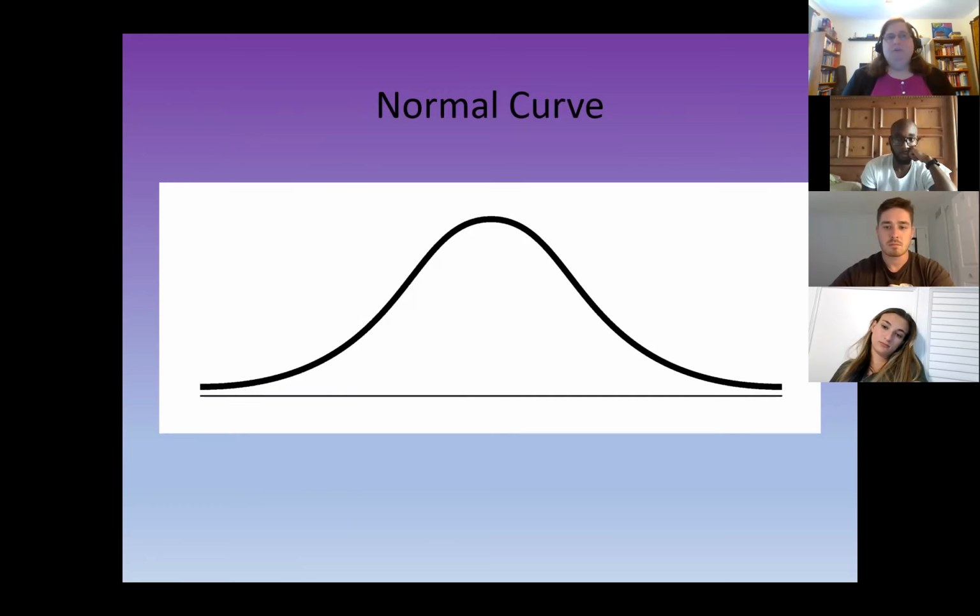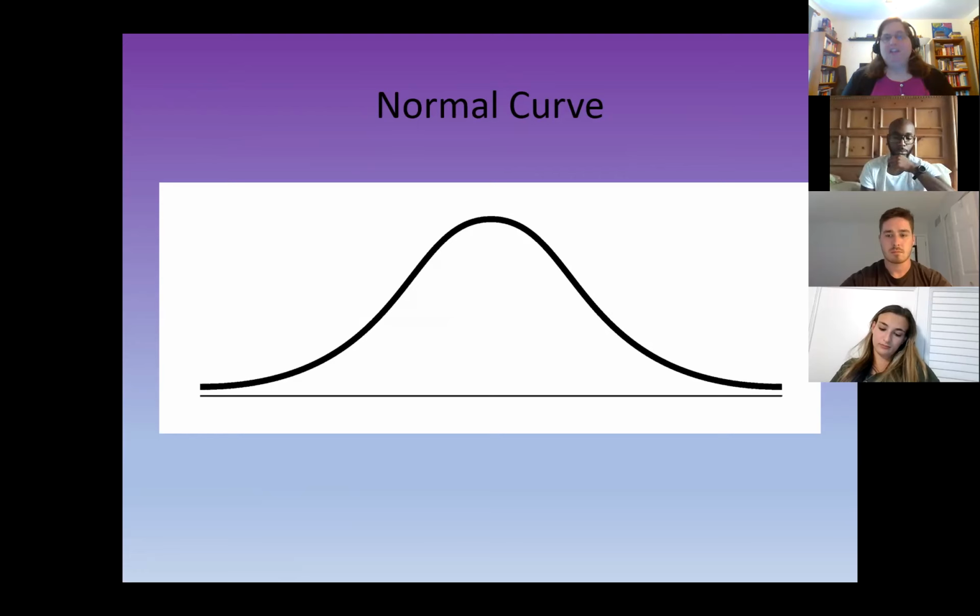Now, remember, these are all frequency distributions. So a lot of times what we're assuming is that our variable has a normal distribution. And that gives us the power to run all of the parametric statistics, or at least some of the parametric statistics that I talked about last week. It gives you the power to run parametric versus non-parametric statistics when you have a normal curve.